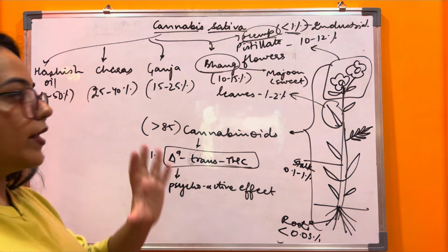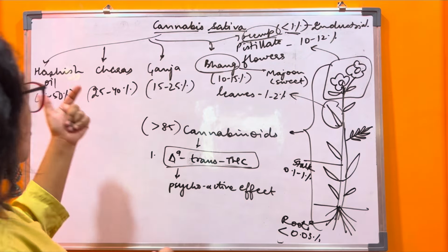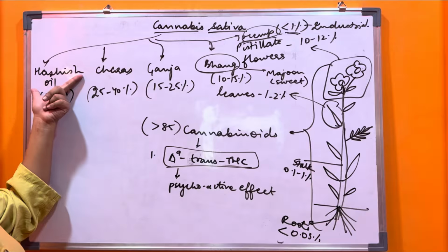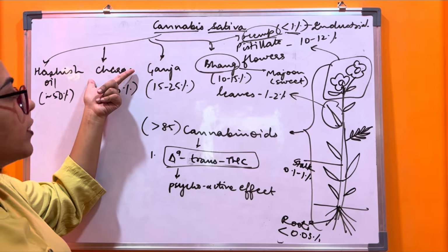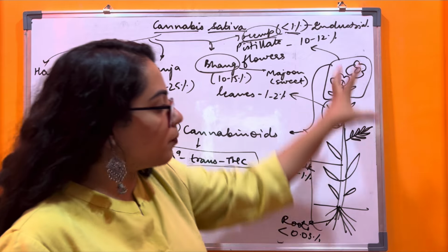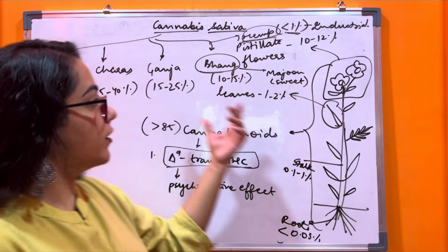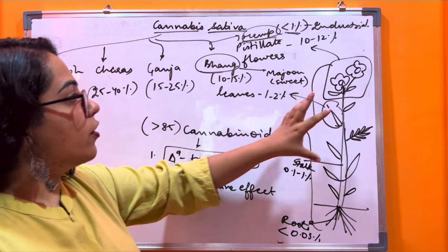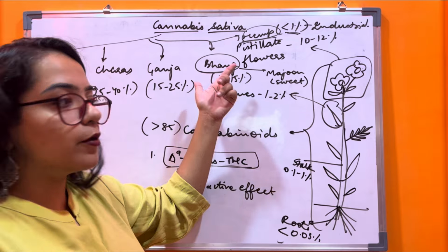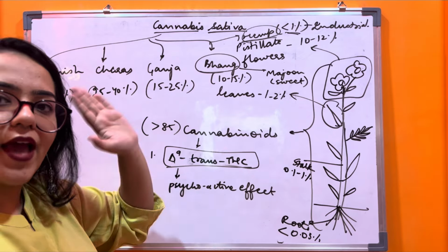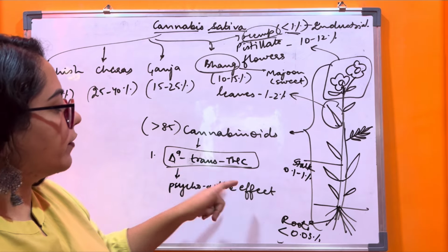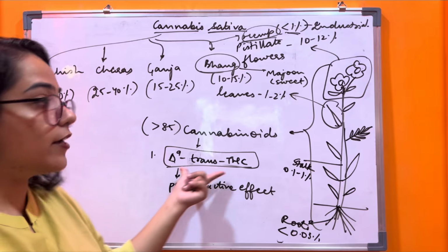So today in this video I'm going to tell you what we actually mean by hashish oil, what we actually mean by charas, from which part of the plant charas is extracted, from which part of the plant ganja is obtained, what we call bhang, because all of these are having the same active principal component which is delta 9 trans THC, right?